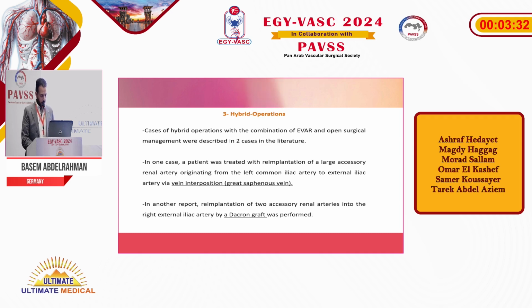Hybrid operations, a combination of EVAR and surgical management, were described in 2 cases in the literature. One was a reimplantation of a large accessory renal artery to the external iliac artery using a venous graft, and in the other report 2 accessory renal arteries were reimplanted with a Dacron graft.